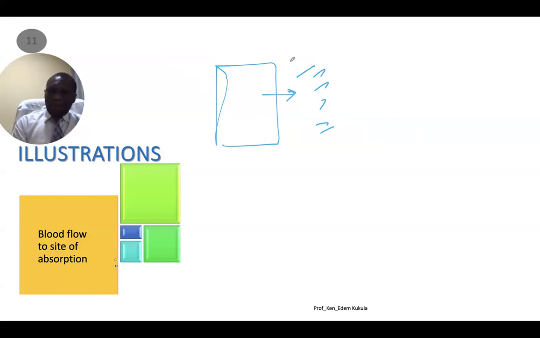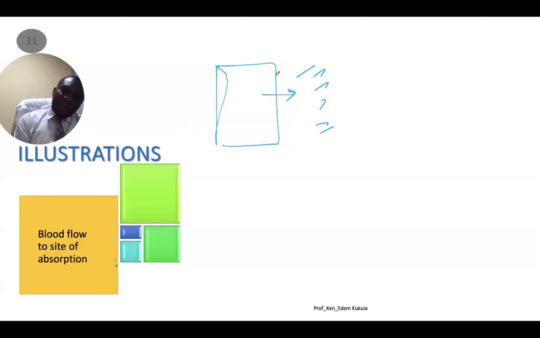Now, if blood flow to the area where we need to have the absorption is good, this would enhance how much of the drug gets to transition from the site to circulation. But if blood flow reduces, then the transitioning of the drug molecules into circulation is also going to reduce.